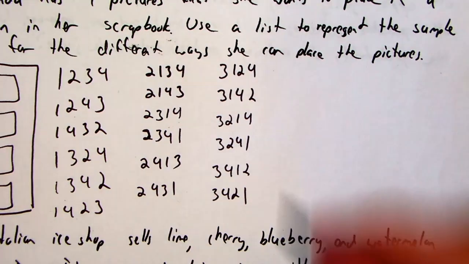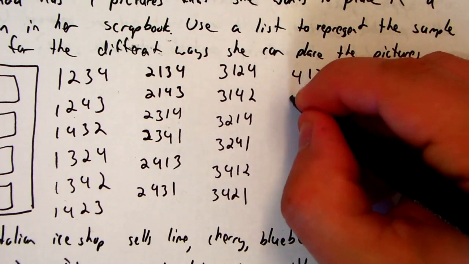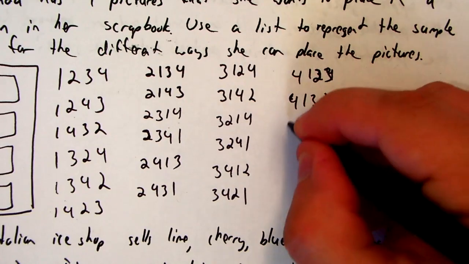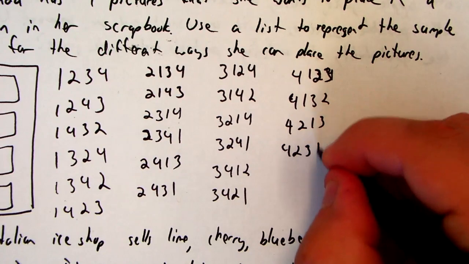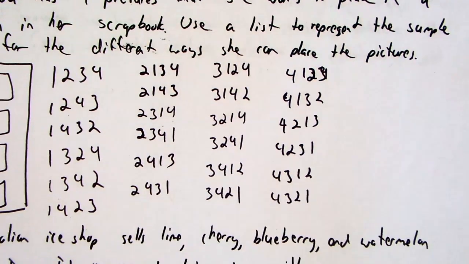And then, of course, if we put the fourth picture first, 4, 1, 3, 2. 4, 2, 1, 3. 4, 2, 3, 1. 4, 3, 1, 2. And then 4, 3, 2, 1. So a list, even though it's going to get you all of the different outcomes, is still a very long process.